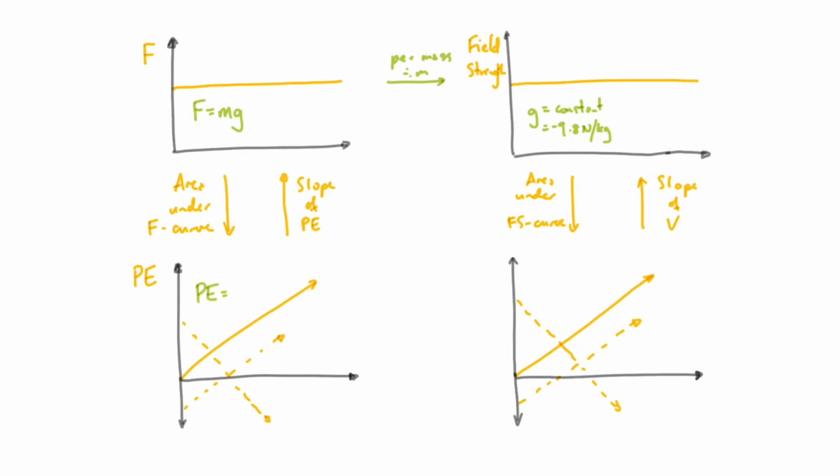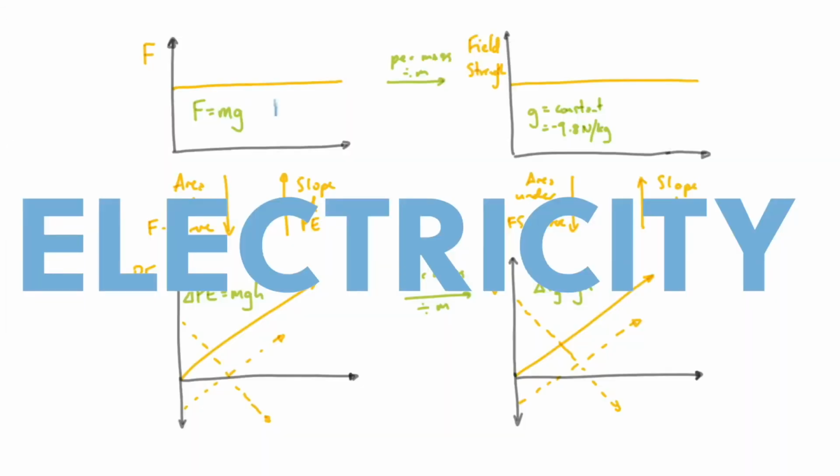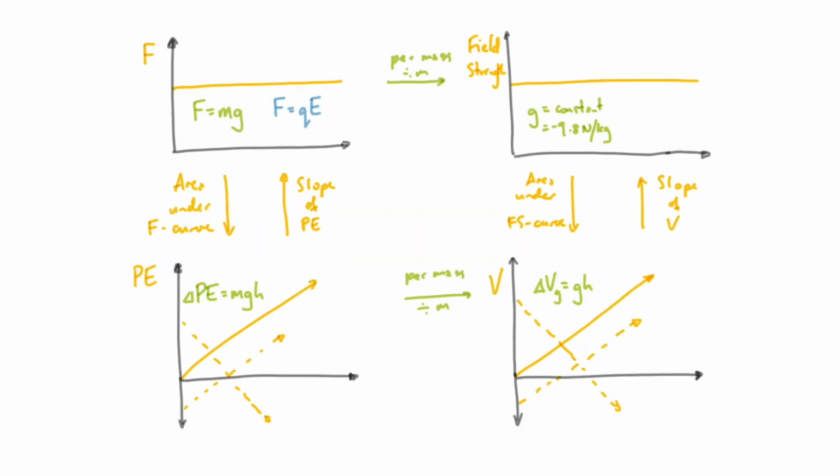Okay, now the potential energy is going to be the slope of that graph, or the change in potential energy will be mgh. And for the potential graph, we're going to divide by m, and we get the change in potential will be gh. Now, those graphs could have different directions purely because it's a linear graph and the magnitude might be negative.